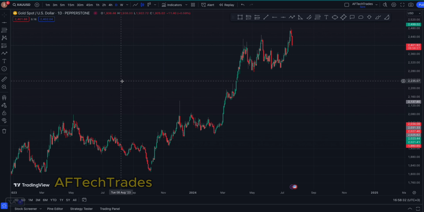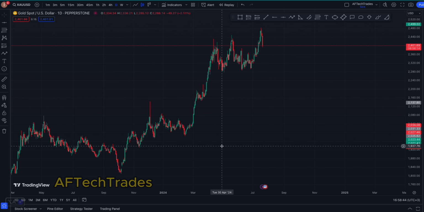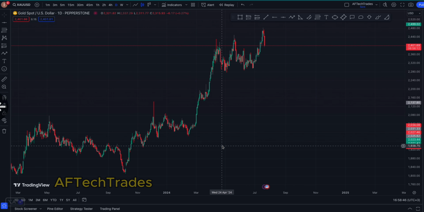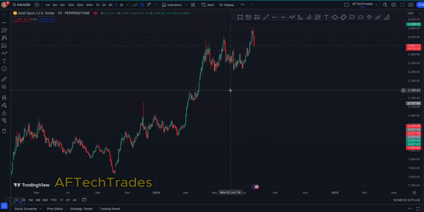Okay, now this is on the daily time frame. This is XAU USD. Here we had an uptrend.